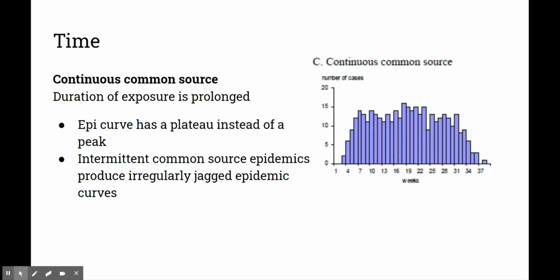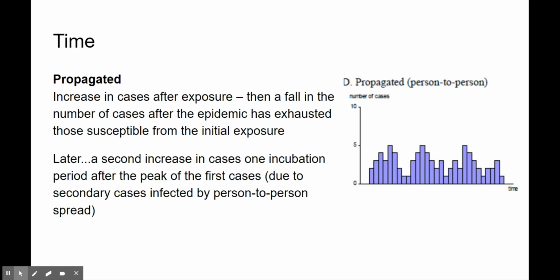When people are continuously exposed to whatever's making them sick, you see basically an epi curve that doesn't go down because people are continuing to get exposed over time. And it can also look something like this, where it goes up and down and up and down.